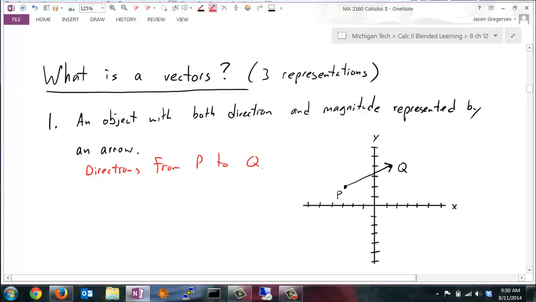If I was standing at P and wanted to get to Q, I'd travel in the x direction 1, 2, 3, 4, about a distance of 4, and I'd go up 1, 2. So one way I can represent this vector PQ, with a little arrow, the vector from P to Q, would be with 4 in the x direction and 2 in the y direction.